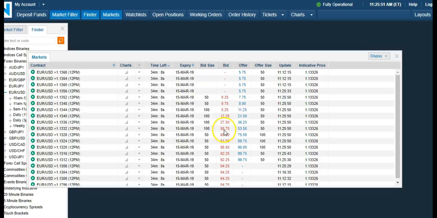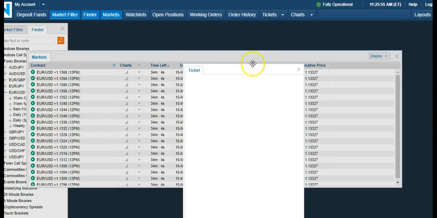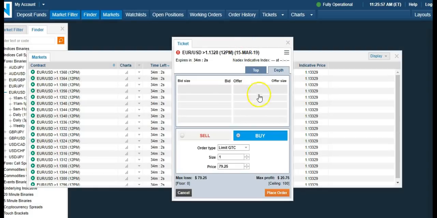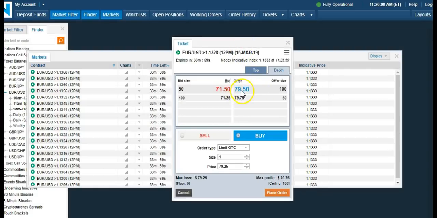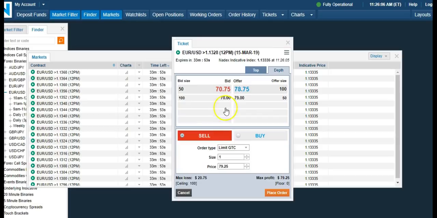On this particular trade, if I took this trade on the buy side, they would list 79.50. On the sell side, they would list 72.25, even though I'm not paying 72, I'm actually paying $29. They're not going to list $29. They're going to list the 71. So that's how that works.